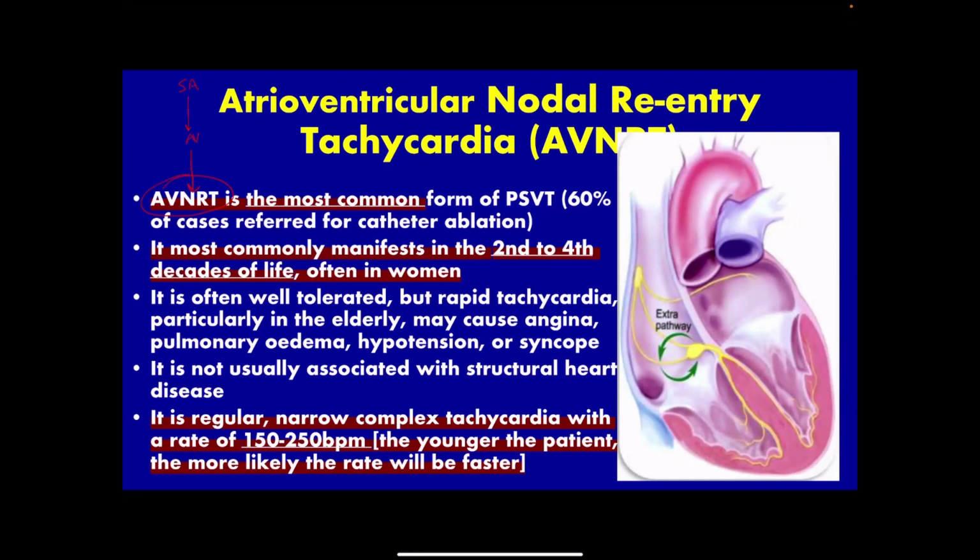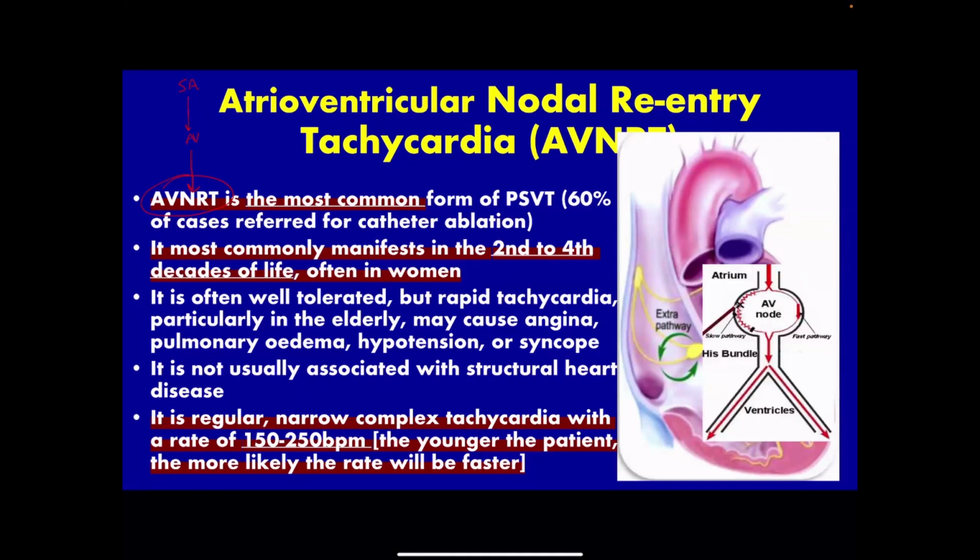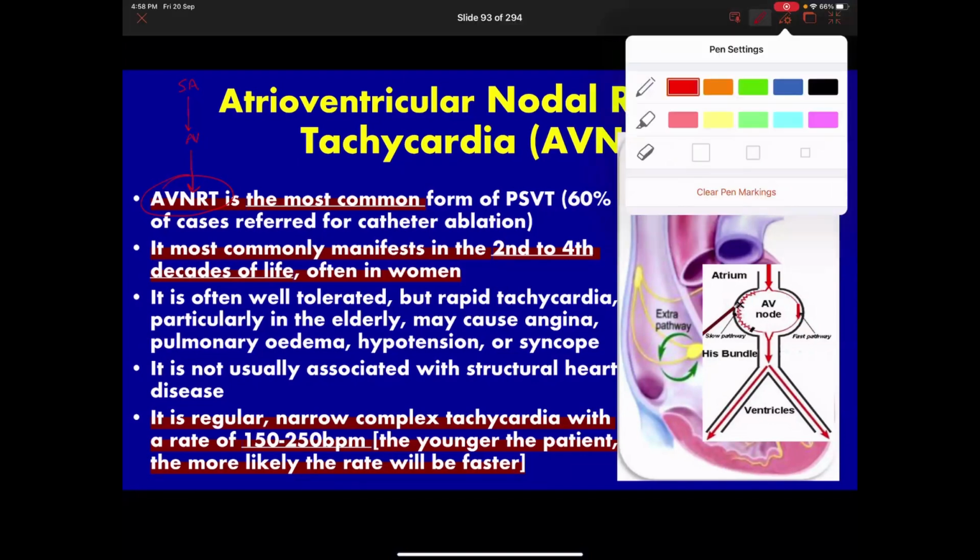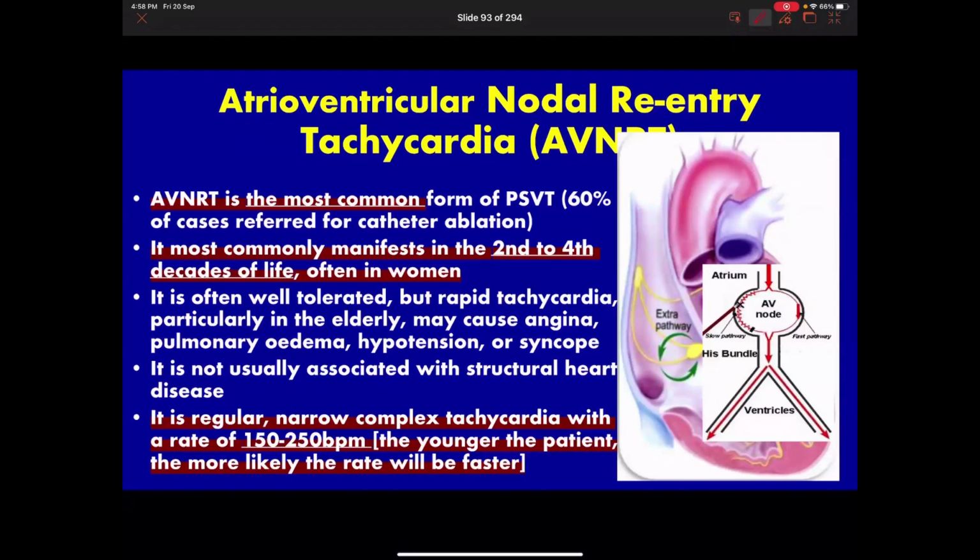Some people are born with a slow, this picture. Some people have this conduction pathway. So what happens is, instead of everything flowing in one direction, they have two conduction pathways. So here are the atria, okay?